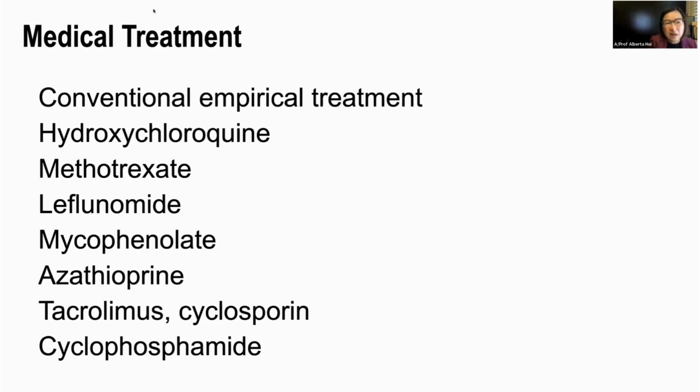So finally, just touching on medical treatment, there are quite a few different immunosuppressants that we can use. Most of the time, these medications are used when the patient has more systemic involvement.